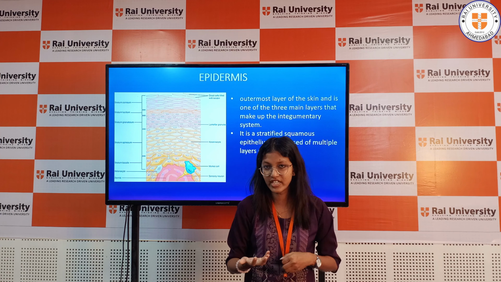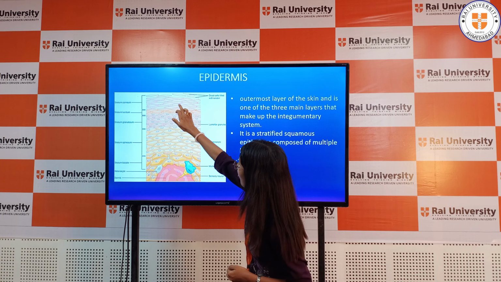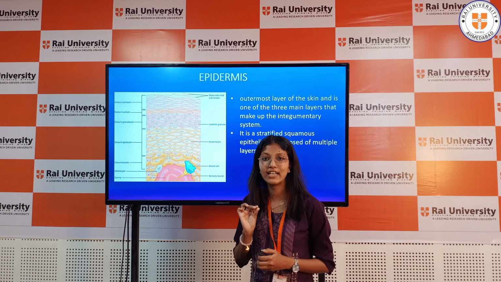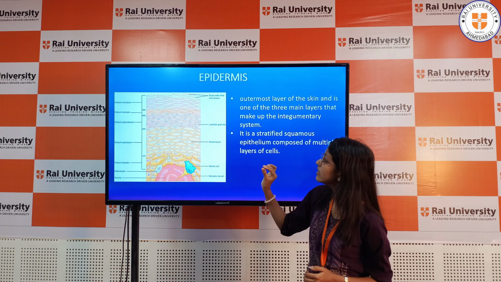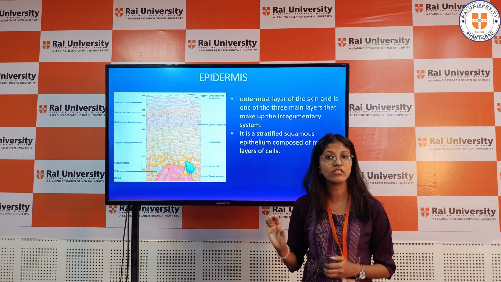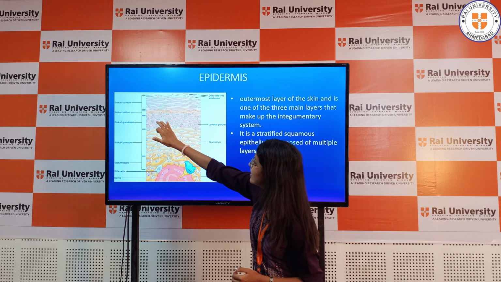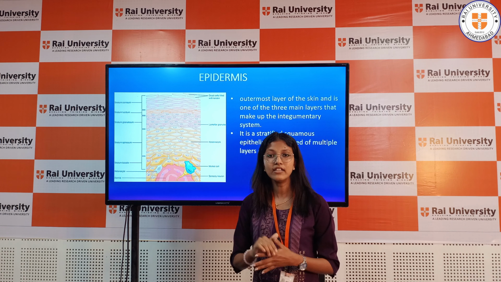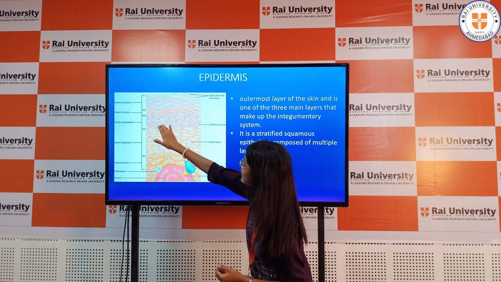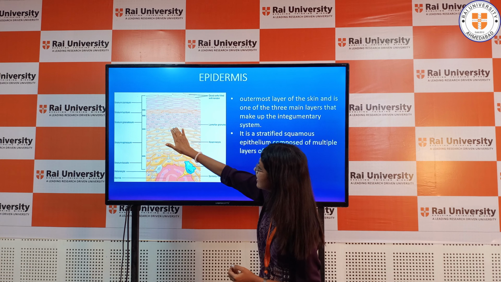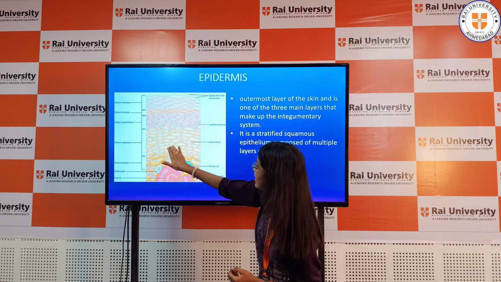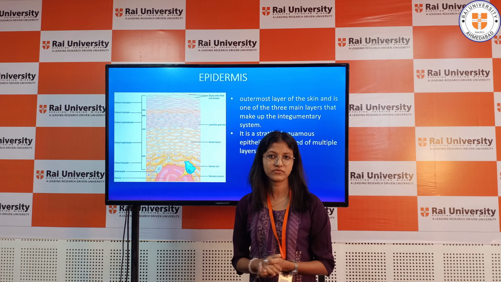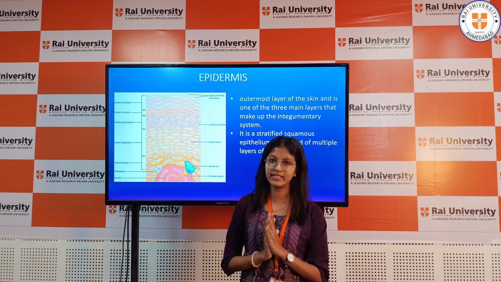That is dead keratinocytes. The stratum corneum is the outer layer, and that doesn't have a nucleus. Similarly, stratum lucidum is the epidermal second layer. And third, stratum granulosum, then stratum spinosum with keratinocytes, and stratum basale. So this is the structure of the epidermis layers.